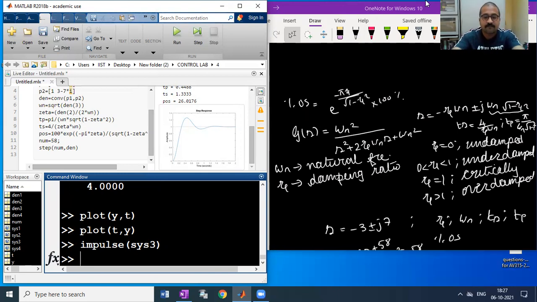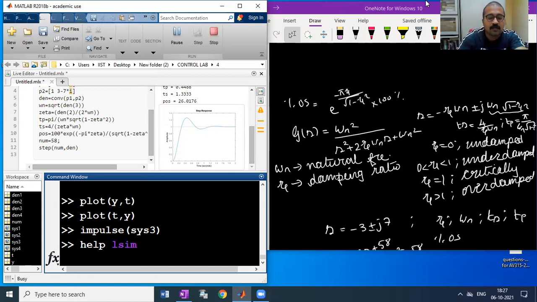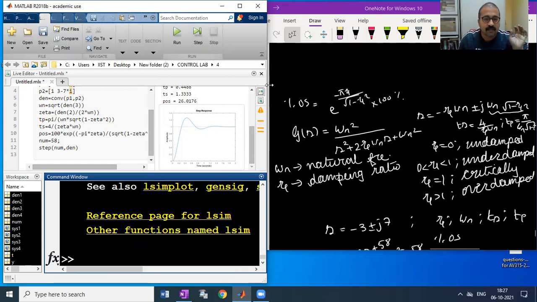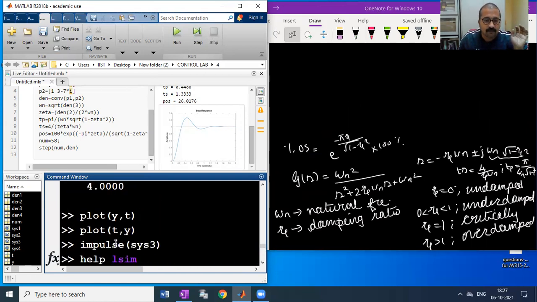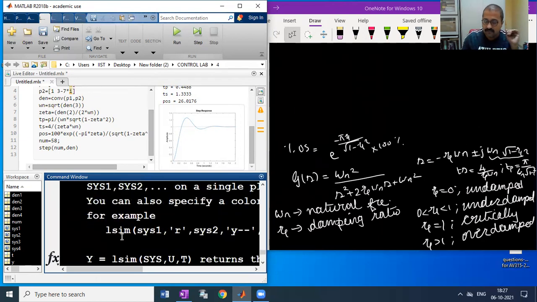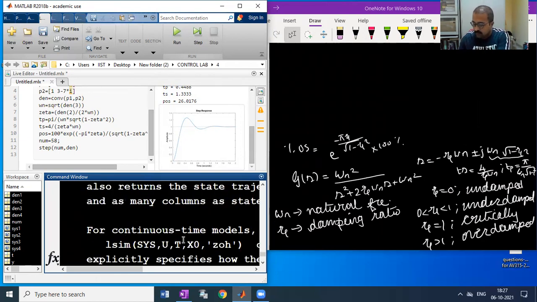What does it do? lsim or lsimplot, both are one and the same. You can get the response to any input with the help of this command. We will take a few examples, then it will be clear.